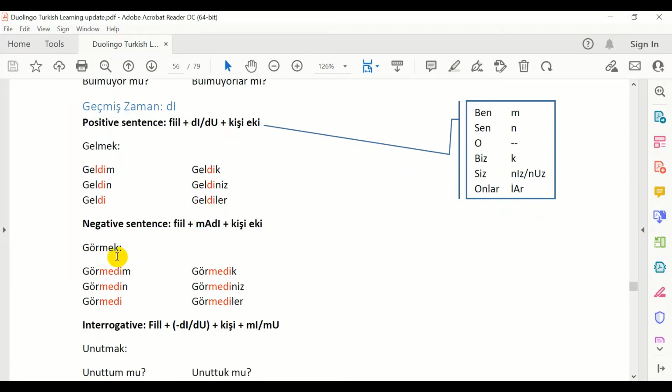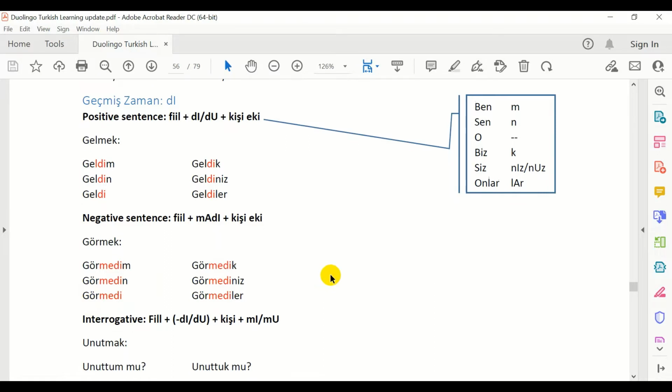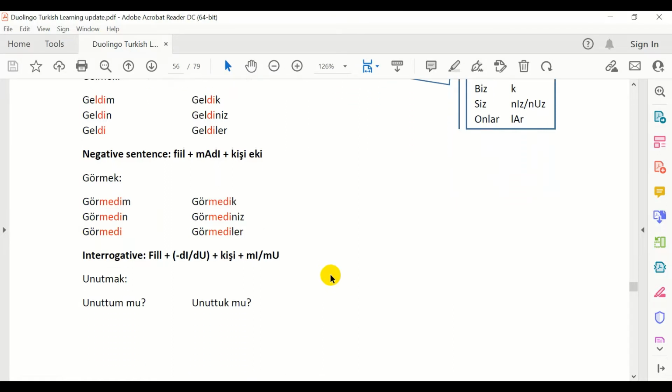For example, görmek means to see. Görmek, so before adding the Geçmiş Zaman suffix, add this suffix. Görmedim. Ben görmedim. I did not see. Sen görmedin. You did not see. O görmedi. He or she did not see. As simple as that.